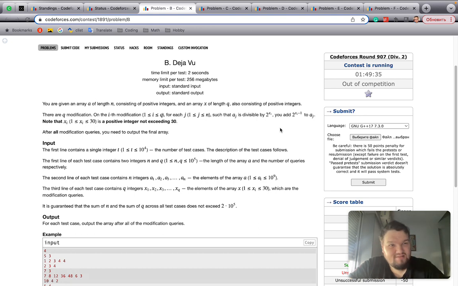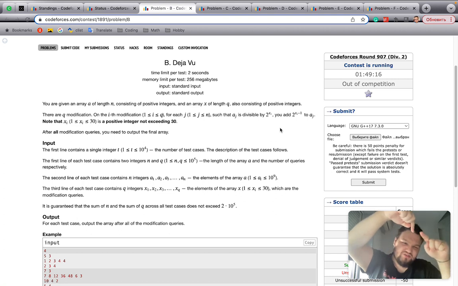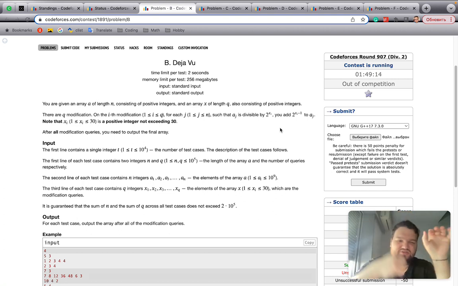And those changes will only move to the smaller bits, because we do the change only if in that position and on all positions to the right they're all zeros.